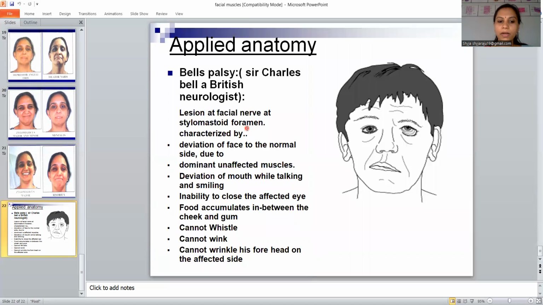It is characterized by deviation of the face to the normal side due to the dominant unaffected muscles, deviation of the mouth while talking and smiling, inability to close the affected eye, food accumulating between the cheek and gum, cannot whistle, cannot wink, cannot wrinkle the forehead on the affected side. Okay, so this is the clinical anatomy regarding the muscles of facial expression.